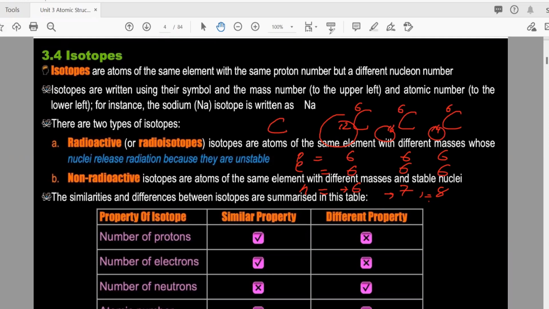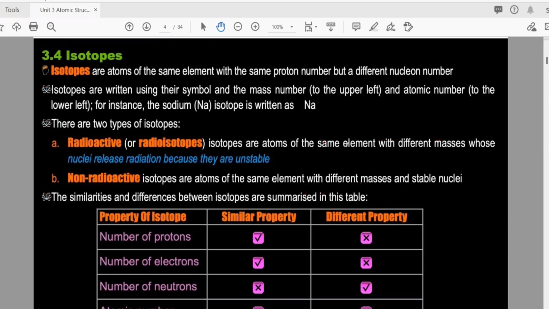You can divide isotopes into two categories: radioactive isotopes and non-radioactive isotopes. Radioactive isotopes, or radioisotopes, release radiation from their nucleus. Why? Because their nucleus is not stable. Due to that, it releases radiation.